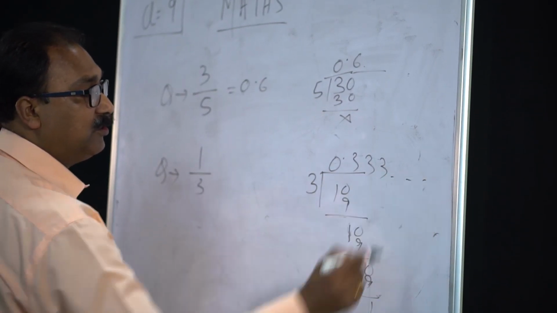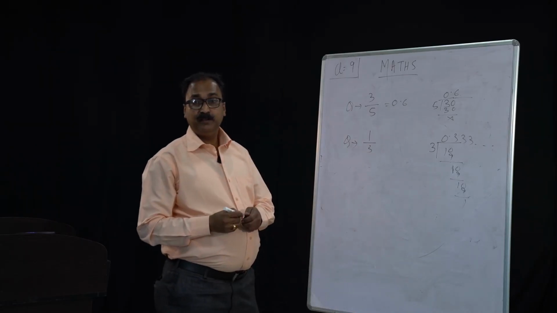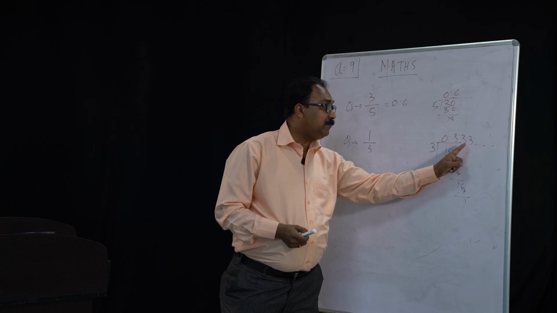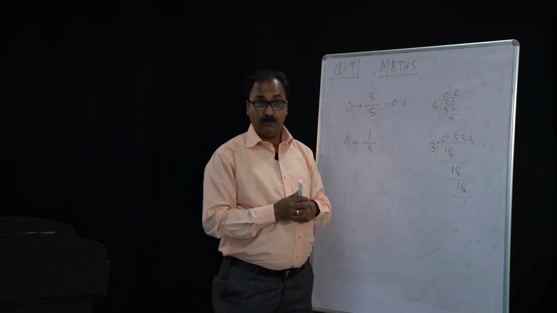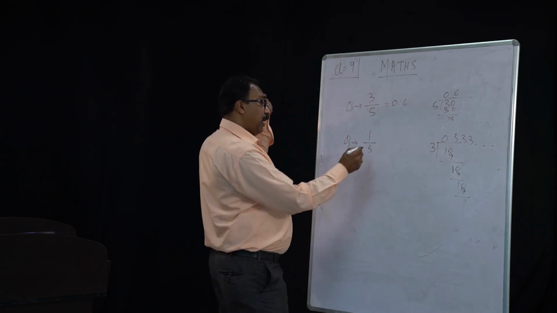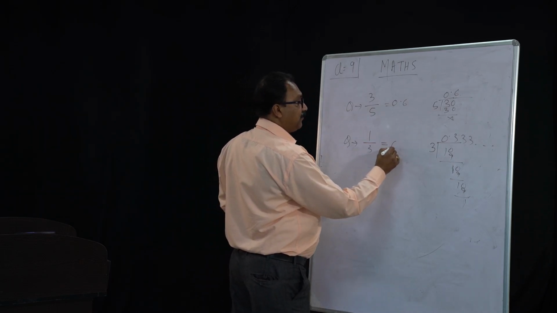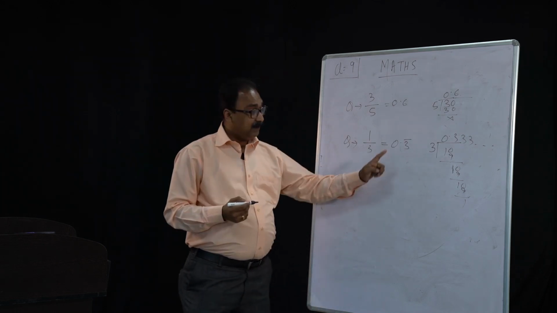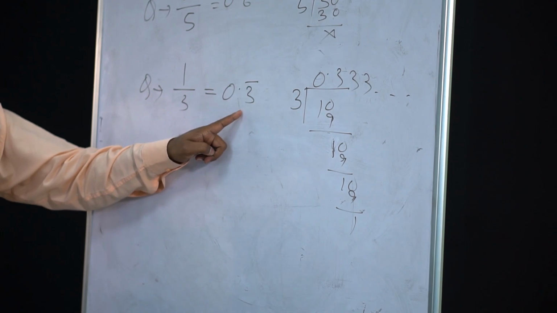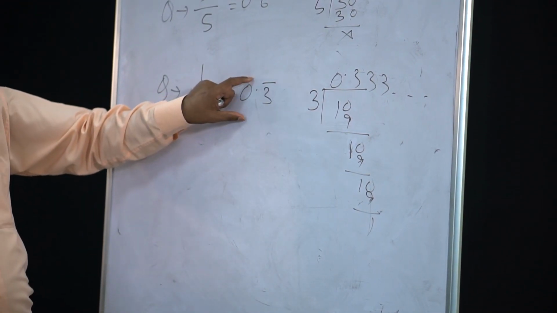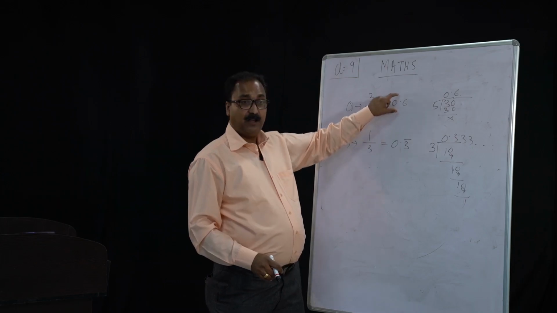See, the division is not complete. Such numbers are called non-terminating. This is terminating, and this is non-terminating but repeating, which we call a recurring decimal. We can write this as 0.3 bar. The bar indicates the repeating digit; the digit 3 is repeating. Clear? So this is called a non-terminating repeating decimal, and this is a terminating decimal.